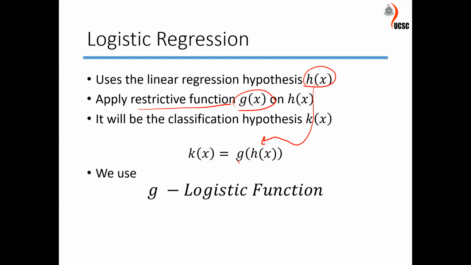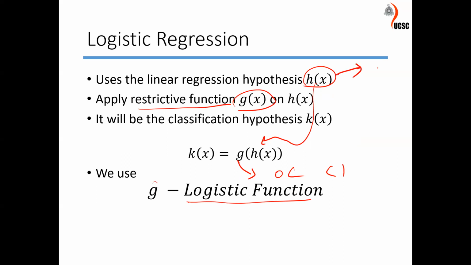This restrictive function makes sure the output value will be within 0 and 1. We can call this g our logistic function.